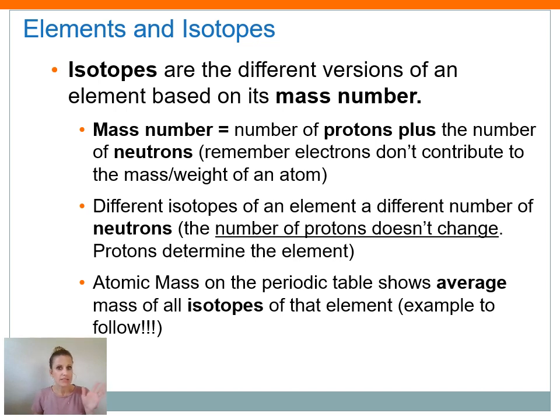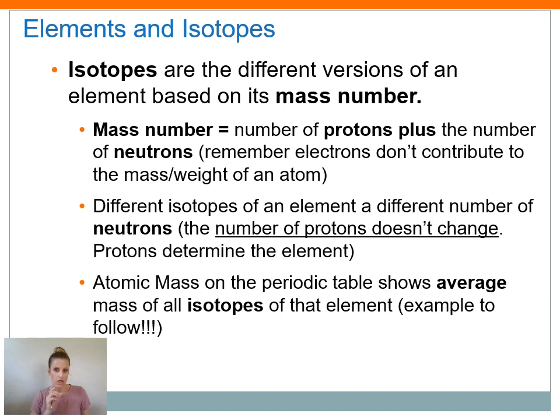What that means is that the positive charges must cancel out the negative charges. They have to be the same. And remember, protons are positive and electrons are negative. So our basic elements, before they react with anything, have the same number of protons and electrons.